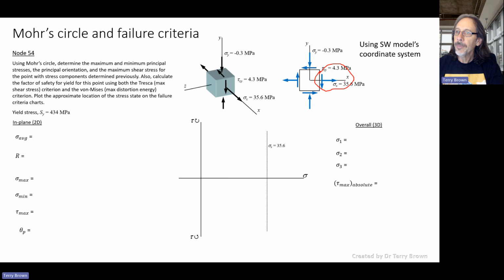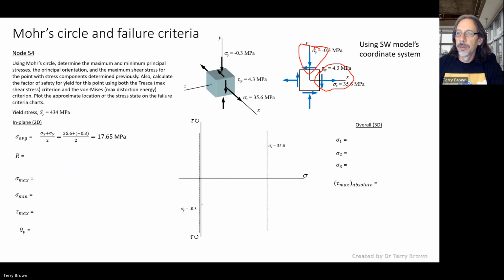Then we have this other pair. Its point is going to be somewhere along this vertical line. So stress y is minus 0.3. Somewhere along there is where we need to plot the other point.